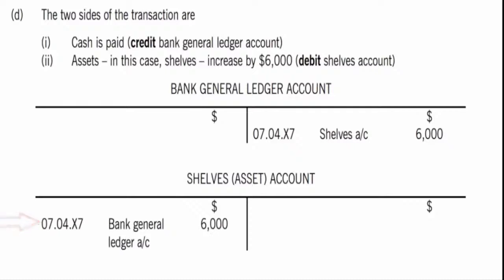How it's recorded in the ledgers: bank general ledger account, credit $6,000 to the shelves account. Shelves account, debit $6,000 from the bank general ledger account. Summary of the bank general ledger account. When all 4 transactions are summarized, the bank general ledger account looks like this. 1.